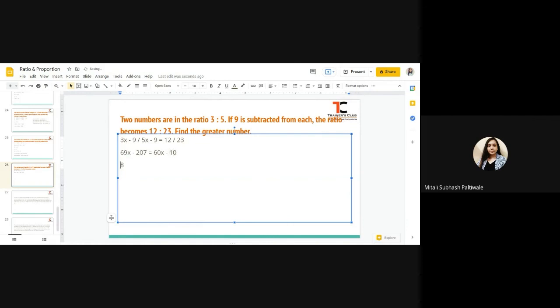Okay, now let's find this out. 9x is equal to 315. Okay, now 9x is equal to 315.